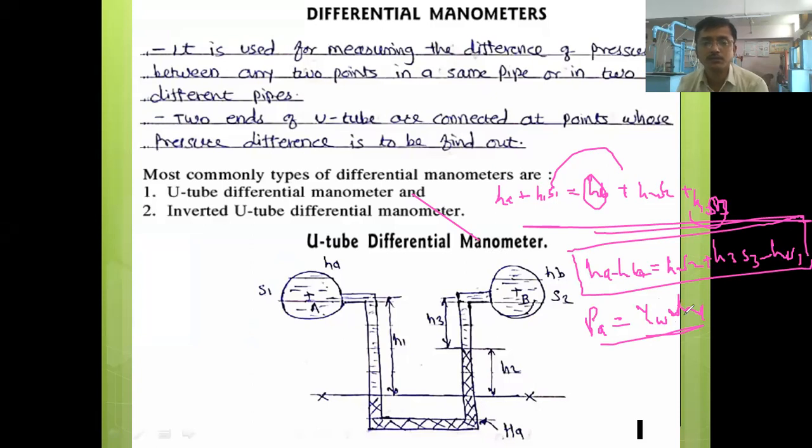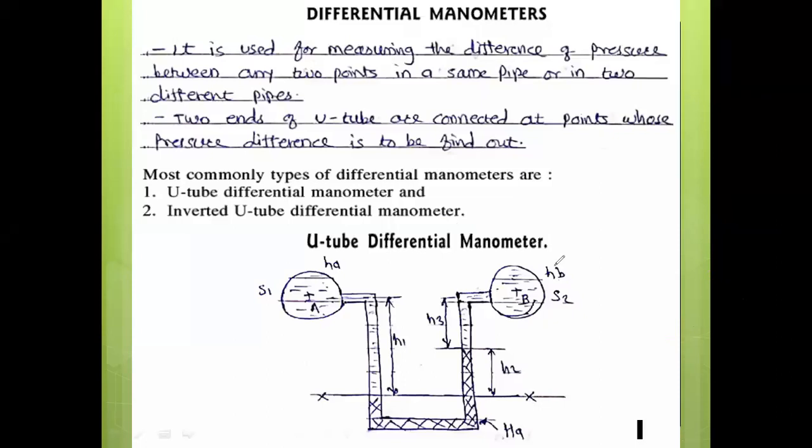Write the title, the types of the differential manometers, and draw the diagram. Is it over or not? I think it is not over, then we can draw it right now.